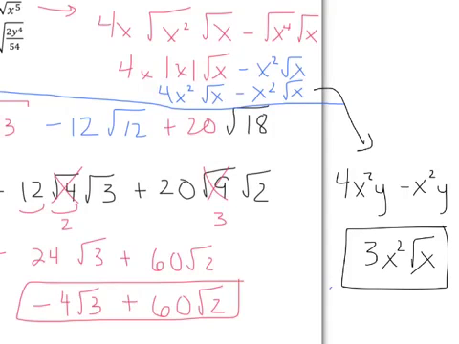You need to trick your mind into it. Look up here. At this point in time, this is the same thing. I'm replacing the radical x with a y so you can see that these are like radicals or like terms. If you have 4x squared y minus 1x squared y, it's 3x squared y. But the y was really the radical x.